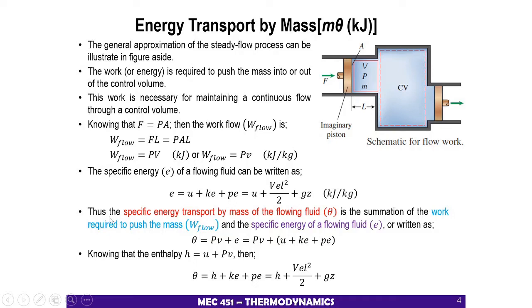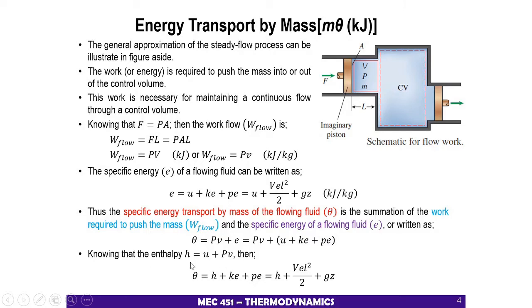Thus, the specific energy transported by mass of the flowing fluid, theta, is the summation of the work required to push the mass, the flow work, and the specific energy of the flowing fluid. It can be written as theta equals pressure times volume, Pv, plus total internal energy, kinetic energy, and potential energy.